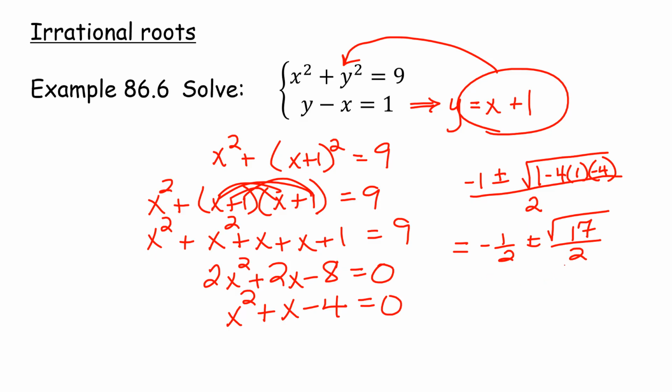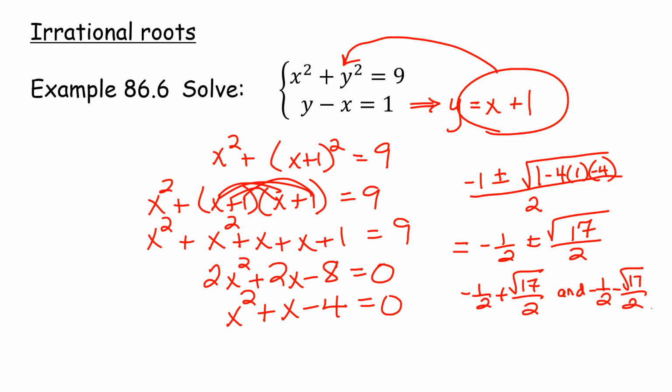So that is the solution for x in this system of equations. I'm going to take that and plug it back into the linear equation to find out what y is. So there's negative 1/2 plus the square root of 17 over 2 and negative 1/2 minus the square root of 17 over 2.